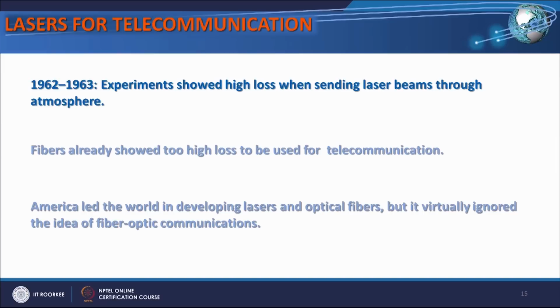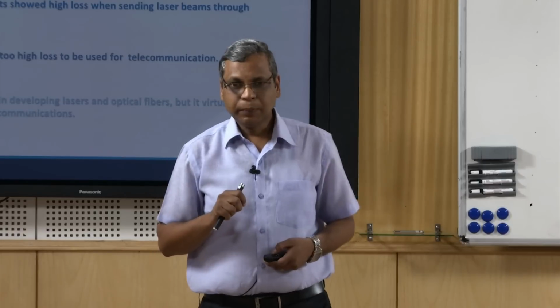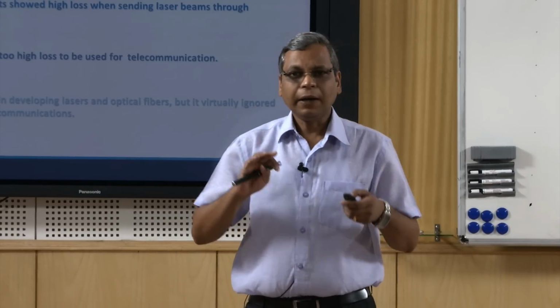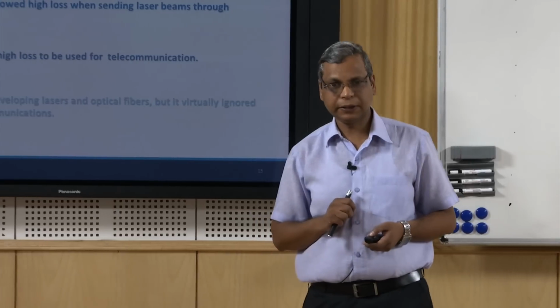So in the years 62 to 63, experiments showed high loss when sending laser beams through open atmosphere, and fibers already showed too high loss to be used for telecommunication. So during this time in the early 60s, people had lost interest in using optical fiber for telecommunication.